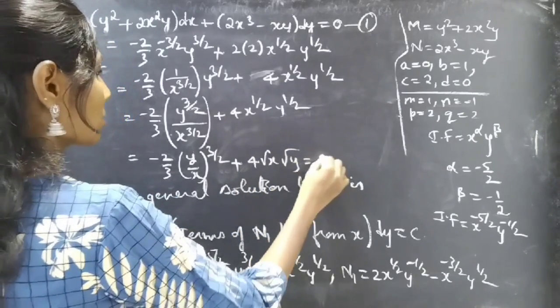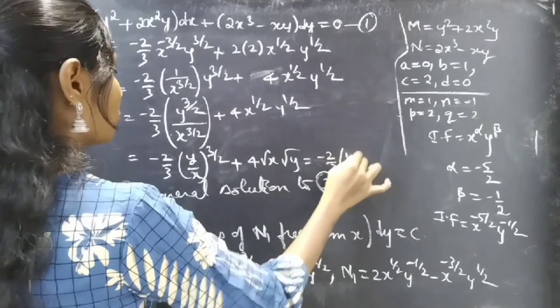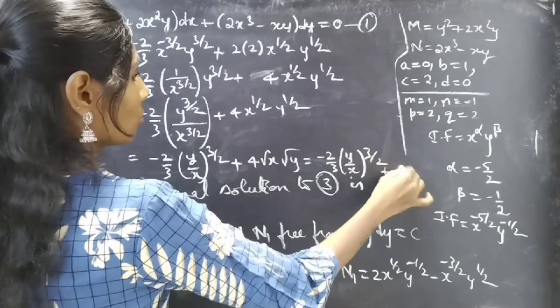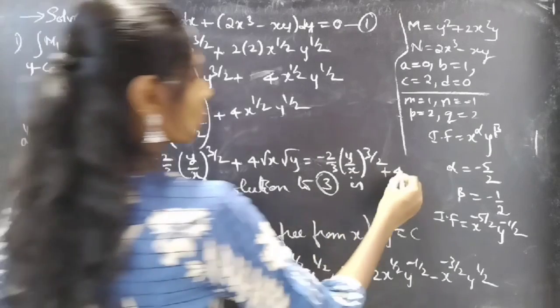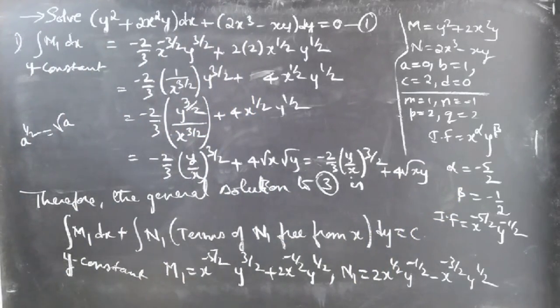Or we can write this as minus 2 by 3 into y by x power 3 by 2 plus 4 into square root of x into square root of y, which can be written as square root of xy, right?